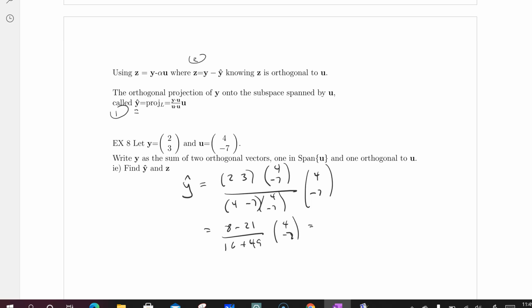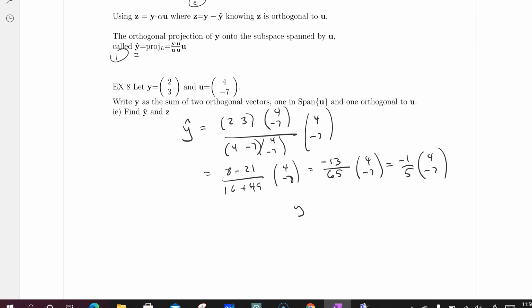Okay, so 8 minus 21 gives me negative 13 over 65, so that gives me negative 1/5 times (4, -7). So y hat is (-4/5, 7/5). So that's my orthogonal projection of y onto u.